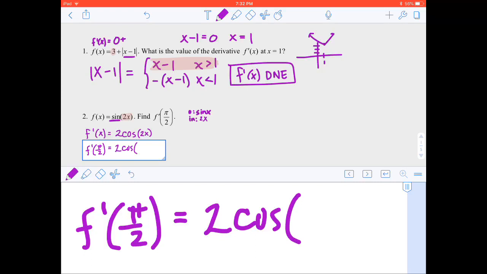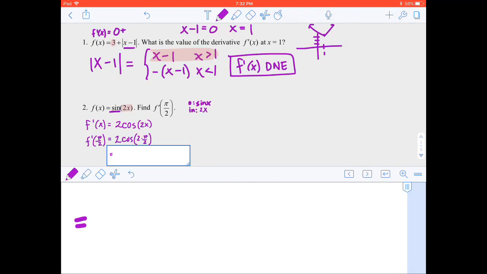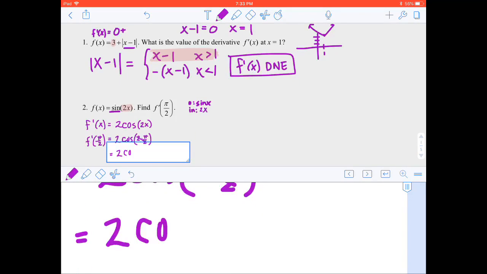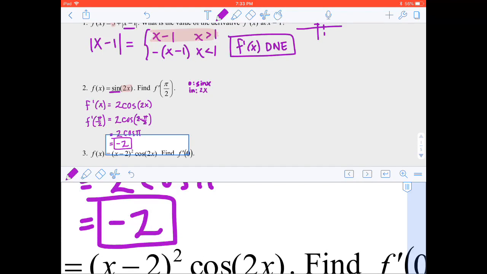So we have 2 times pi over 2 plugged in here, and so these 2's will cancel out. We get 2 times cosine pi, and cosine of pi is equal to -1. So -1 times 2 is -2. Okay, and that's going to be our derivative.